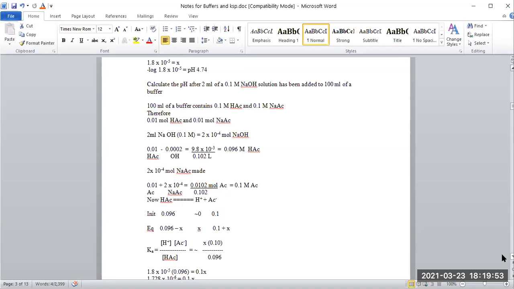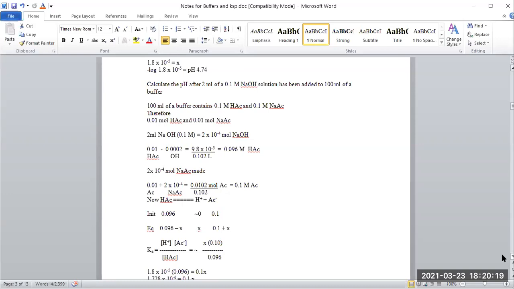But I also changed my volume a little bit. The volume is no longer exactly 100 mils. It's now 102 mils. Make sure you're putting this in liters to make sure everything cancels out correctly. So 0.102. My concentration of my acetic acid dropped a little bit.